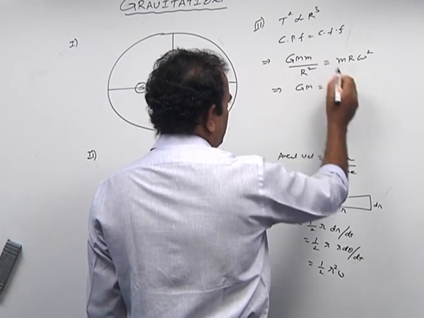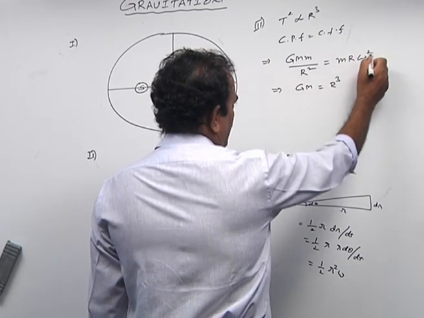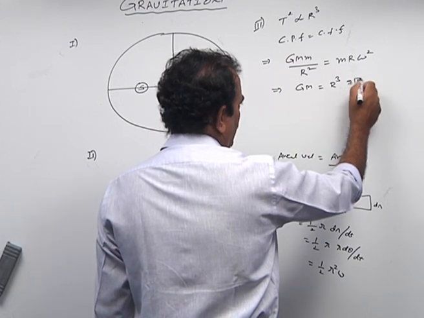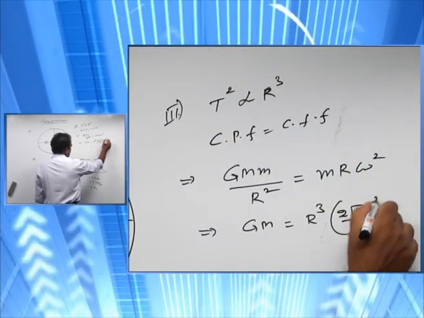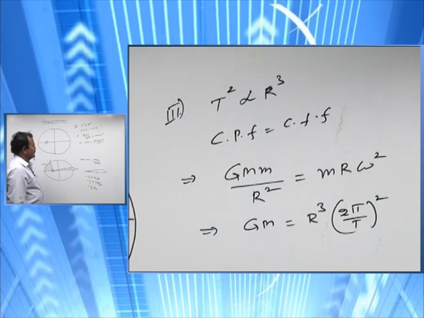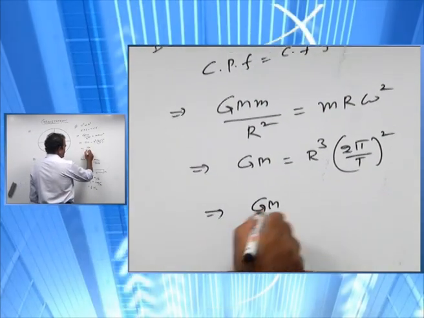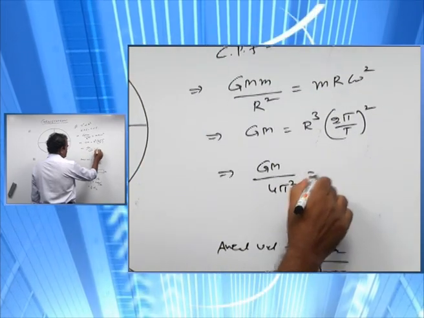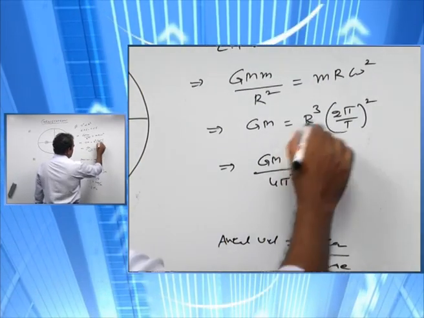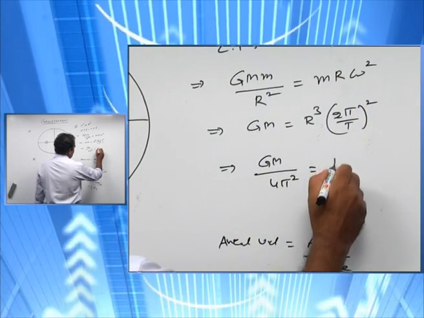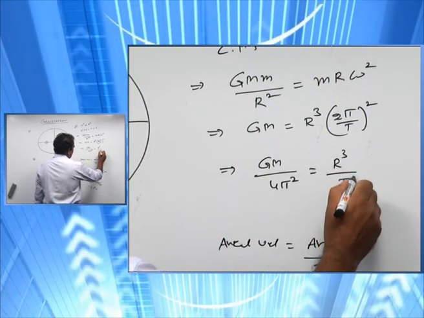The m is already cancelled, and omega means 2 pi by capital T, whole square. Next, GM by 4 pi square is equal to r cube by T square.